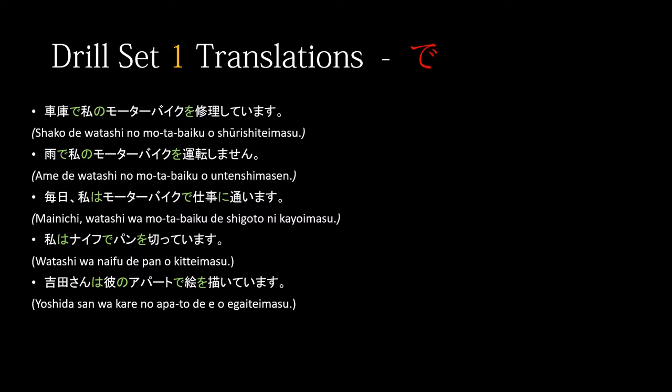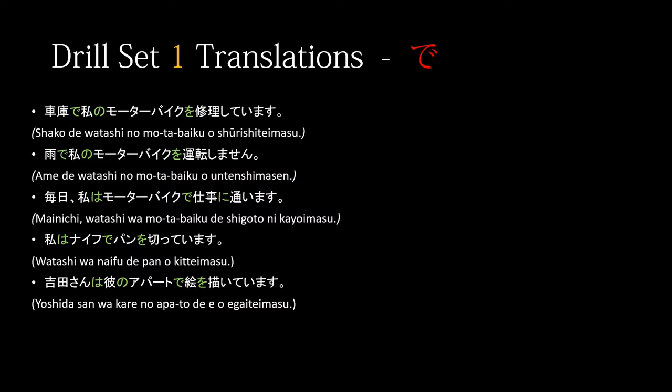Yoshida-san wa kare no apaato de e o egaitemasu. Now we have here four particles this time, and all of them in perfect unison. Wa once again creates the topic of our sentence, and that is Yoshida-san.